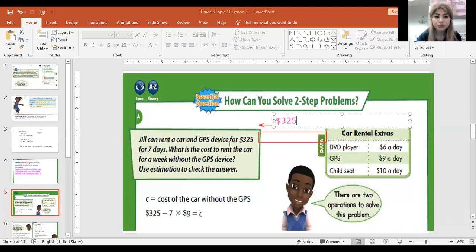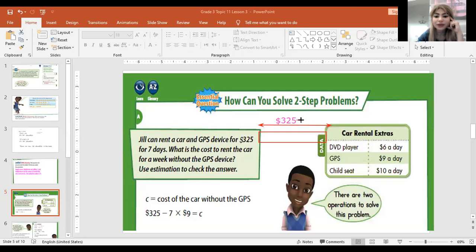But this is for all, the car and the GPS, for 7 days. When she rented for 7 days, she pays $325. What is the cost to rent the car for a week without the GPS device? So I will subtract from this $325.